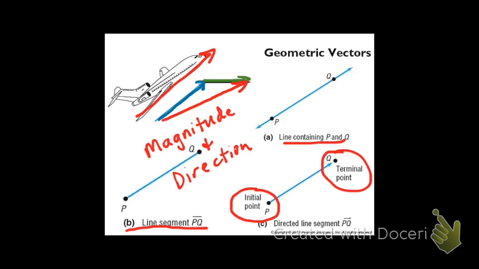I don't really have room to write this down right here, but what I want you to write down is what a vector is. A vector is a quantity characterized by both magnitude and direction. We use vectors to describe things like the speed and direction of an airplane, or the speed and direction of the wind that we just talked about.